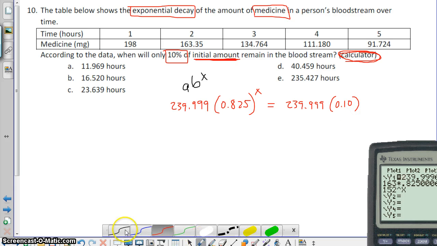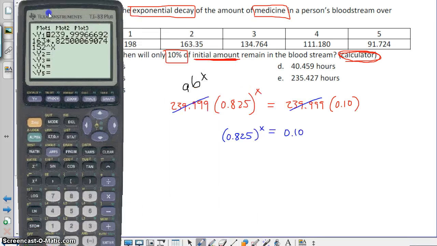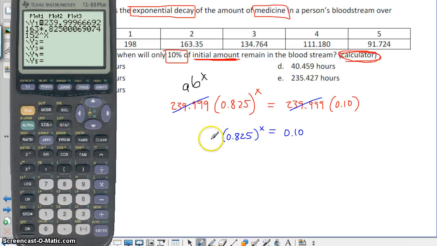Now, like I said before in the previous problem, when you divide by 239, these end up canceling. So you could have skipped that first step and just taken out the 239 and set it equal to 0.10, which is what I'm going to try to do here.